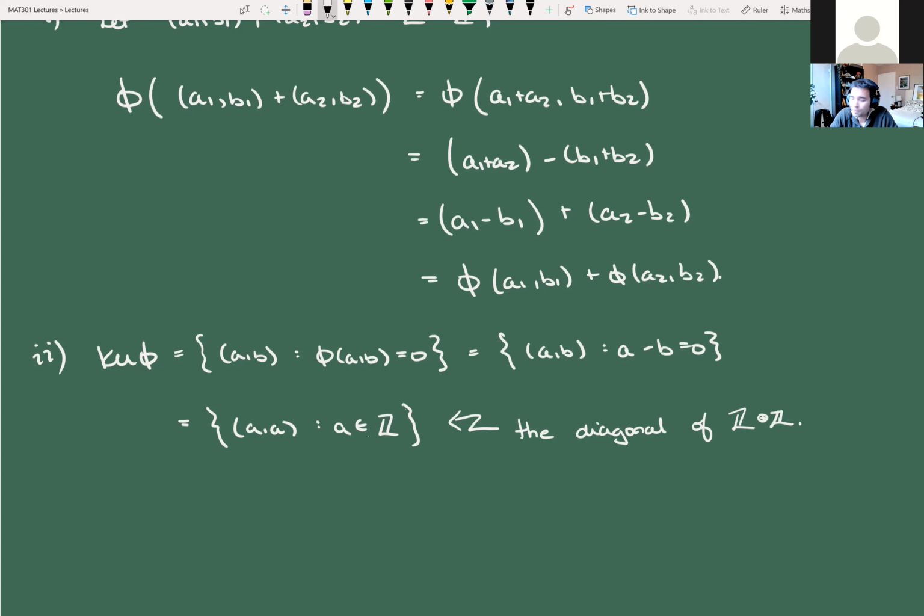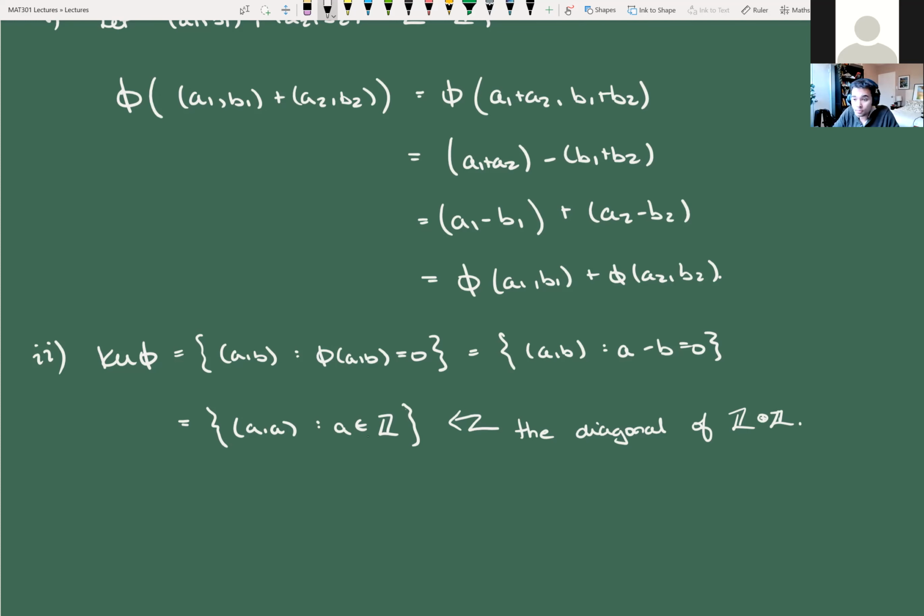For example, in topology, you can characterize compactness by looking at the compactness of the diagonal. It's weird the number of places where you can determine things about a space by looking at properties of its diagonal. But in this case, the kernel is precisely the diagonal.